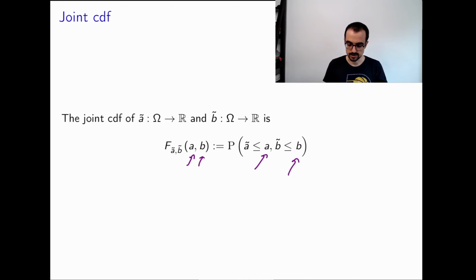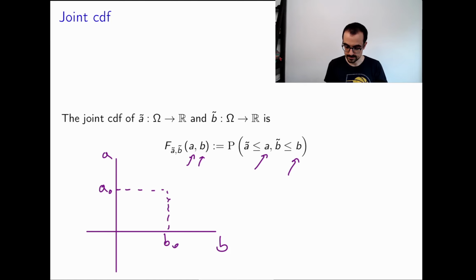So maybe we can just draw a picture. Imagine that we have A and B. I'll draw them in the same color now. A and B. So maybe A0 and B0 are here.